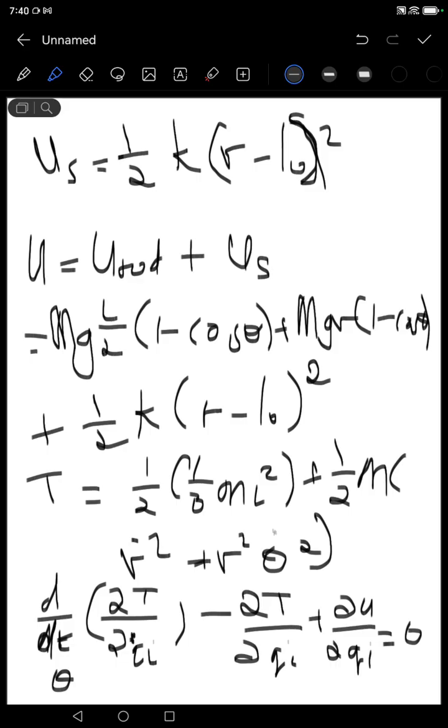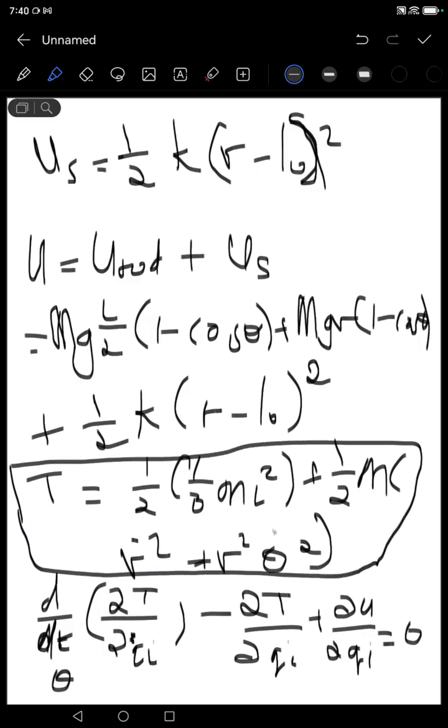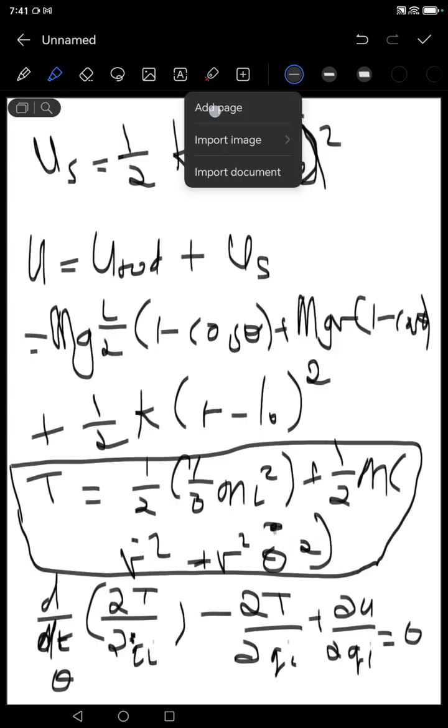Wherever we have a theta in the kinetic energy, we're going to differentiate it, even in the potential energy, wherever we have theta. Okay, so now let's start with theta. We're going to have d over dt into the partial derivative of kinetic energy, starting with theta.